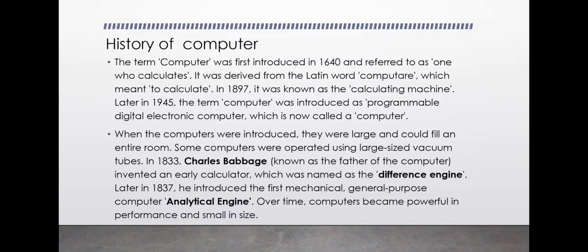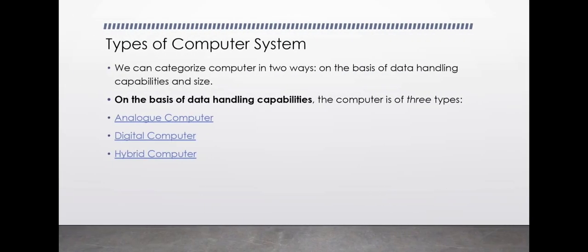In 1883, Charles Babbage, known as the father of the computer, invented an early calculator which was named the difference engine. Later, in 1837, he introduced the first mechanical general purpose computer, the analytical engine. Over time, computers became powerful in performance and small in size.